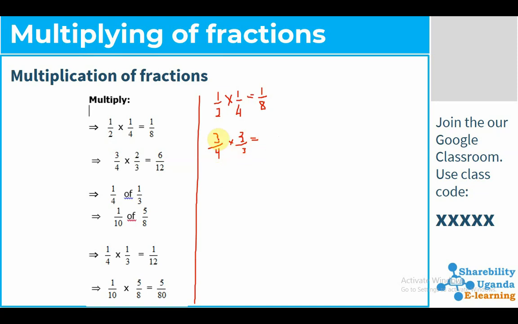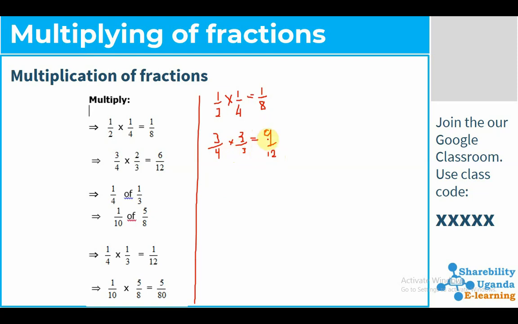We have 3 times 3, which gives us 9, and 3 times 4, which gives us 12. So in multiplication we just do direct multiplication: multiply the numerator by the numerator, and the denominator by the denominator, and you get the answer.